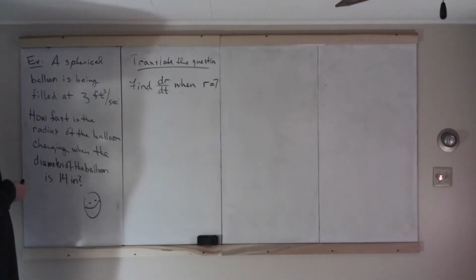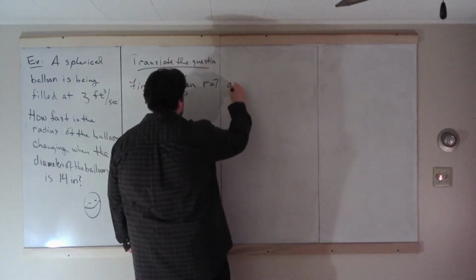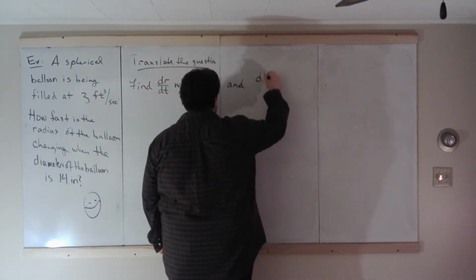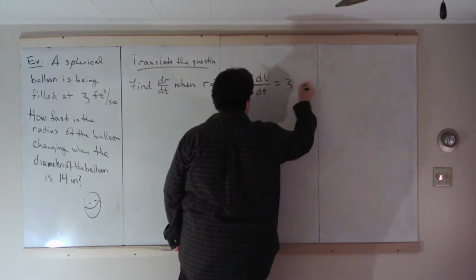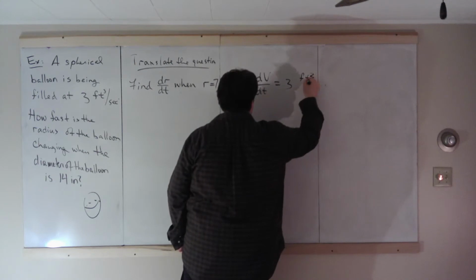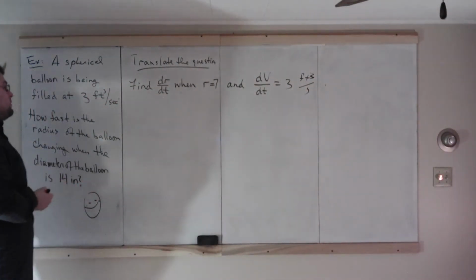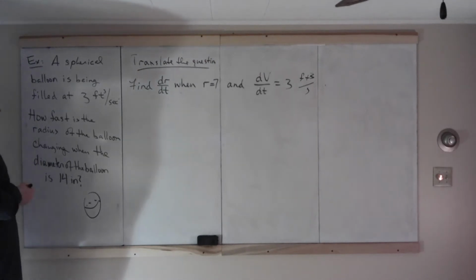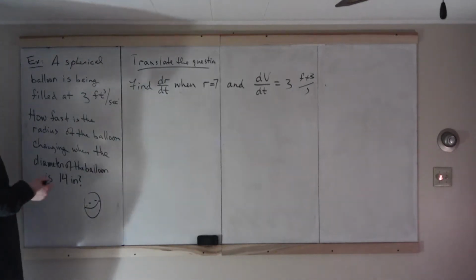But also, it's being inflated at 3 cubic feet per second. So the volume is changing at a rate of 3 cubic feet per second. So we have, find the change in the radius when the radius is 7 and the volume is changing.